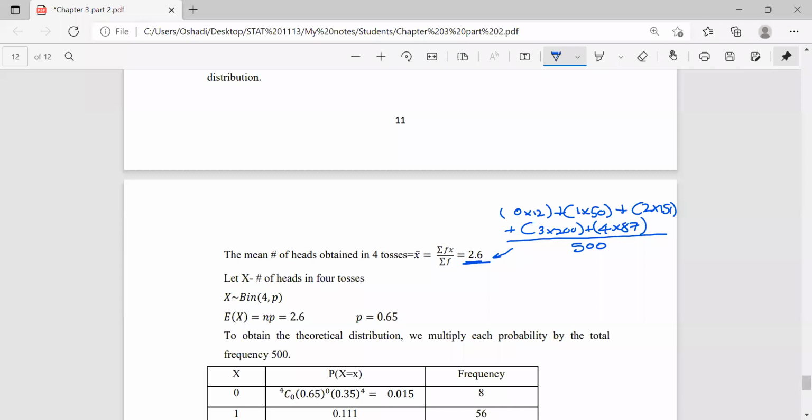We know that the expected value, or the mean, is NP, and we found the mean. It is 2.6. N is 4. So using this expression, we can find P. 4 into P equals 2.6, and then P equals 0.65.